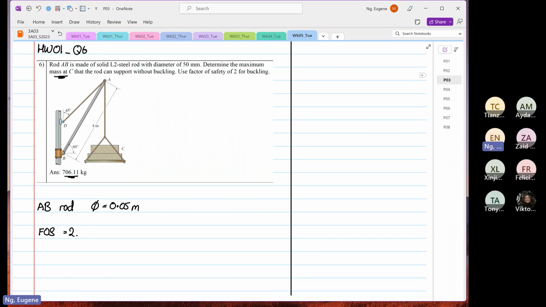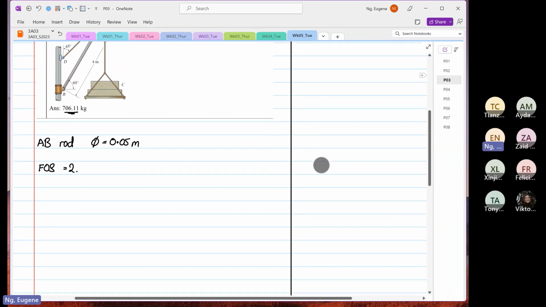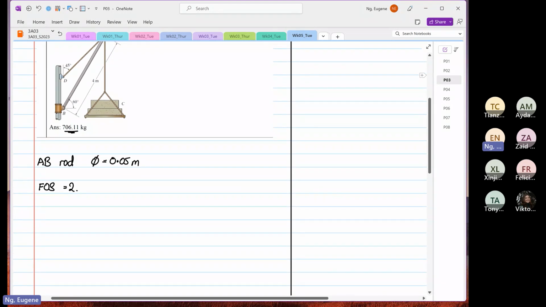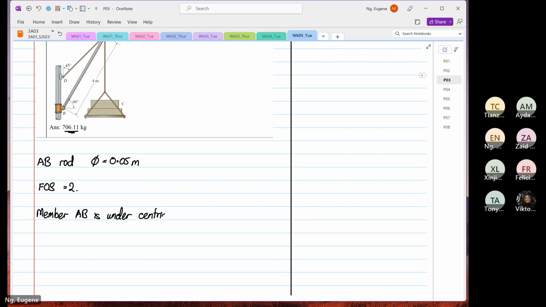Okay, so what we also know is length AB. Or before we go to length AB, we know that this buckling is under, or structure or member AB is under centric buckling.